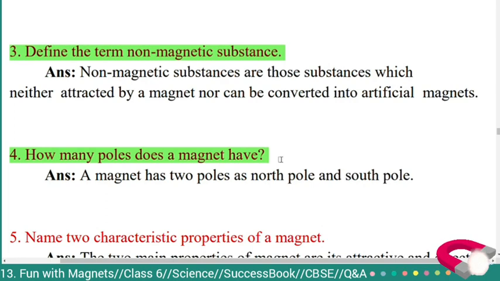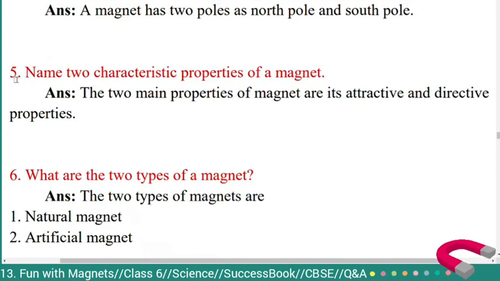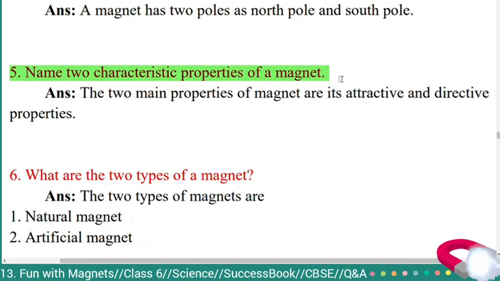A magnet has 2 poles, North Pole and South Pole. Fifth question, name 2 characteristic properties of a magnet. Answer, the 2 main properties of a magnet are its attractive and directive properties.